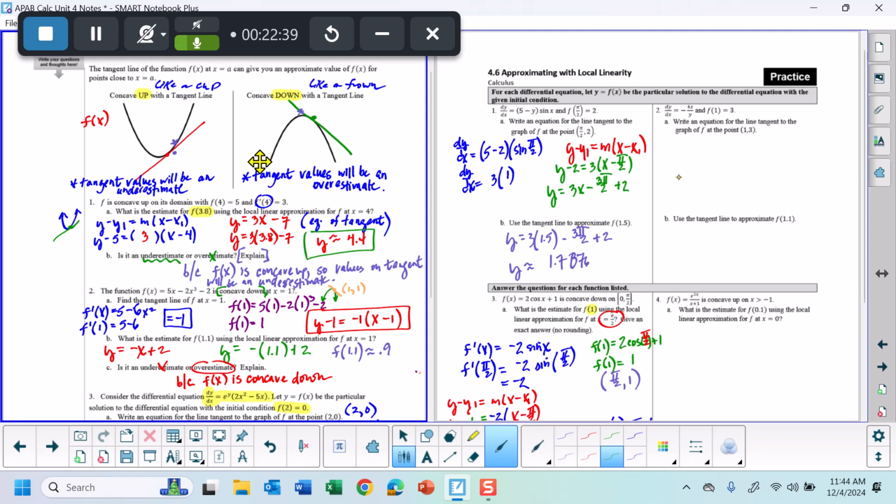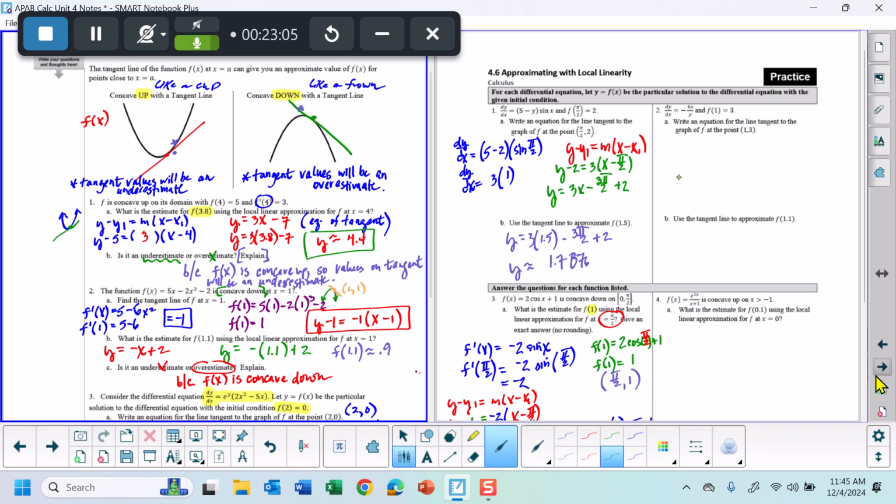But because my graph is concave up, I know that my tangent line is going to be an underestimate. If I have a concave down graph and I want to know what this value is, I can use the tangent line, and I know that the output value I have estimated is going to be an overestimate.